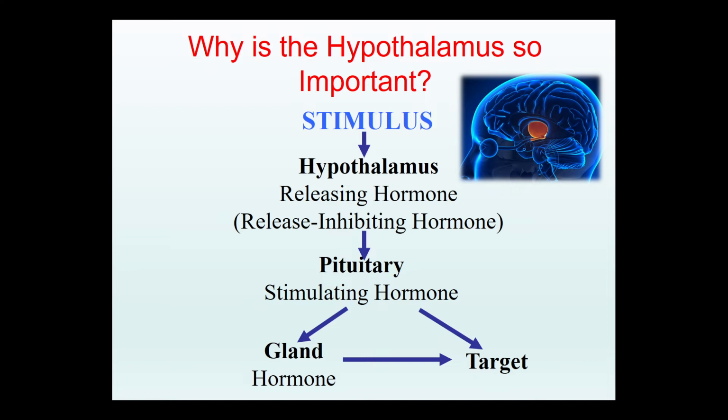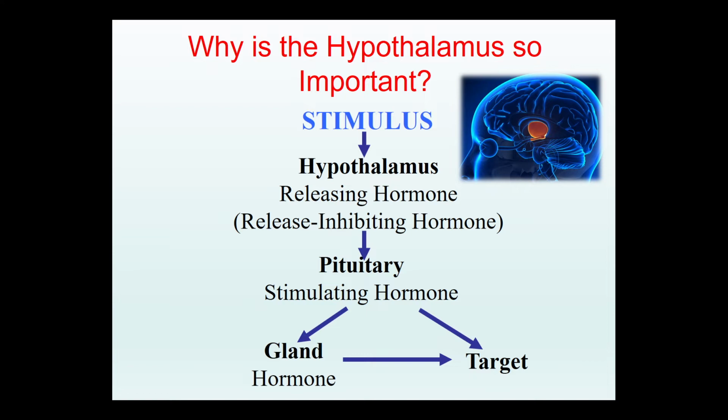The hypothalamic hormones pass directly to the nearby pituitary gland through special blood vessels and neurons that connect to this gland. And the pituitary gland, of course, is the main, the master endocrine gland in the body.